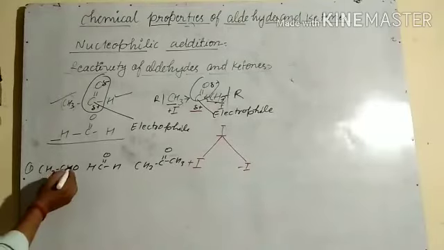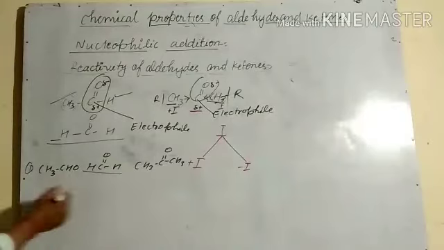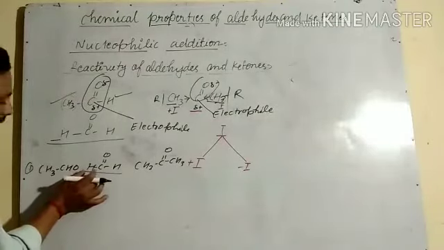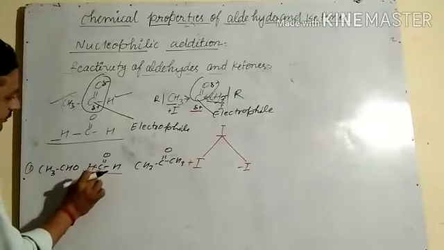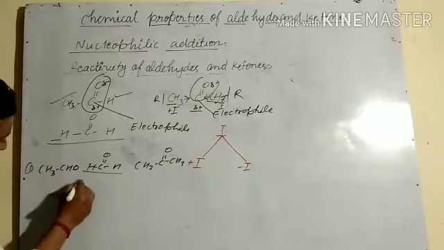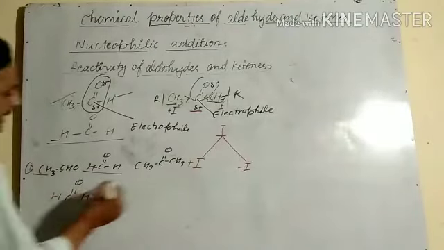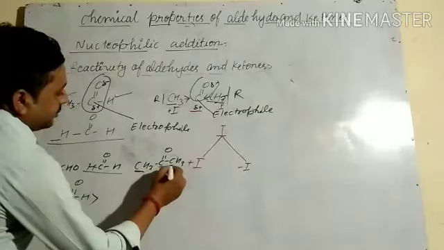All have the same group, but here only hydrogen is bonded to carbon, so no group is there to reduce the electrophilic nature of the carbonyl carbon. So first will be HCHO. Second, let us see, in this one only one alkyl group is bonded to the carbon, and in that one two alkyl groups are attached.